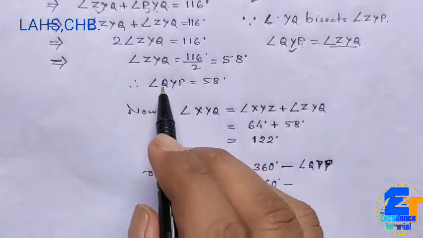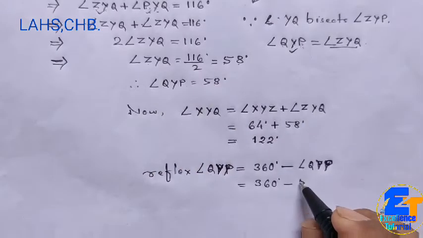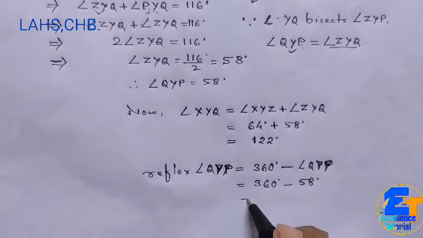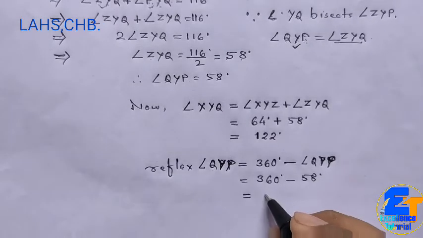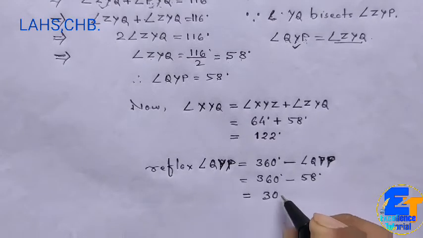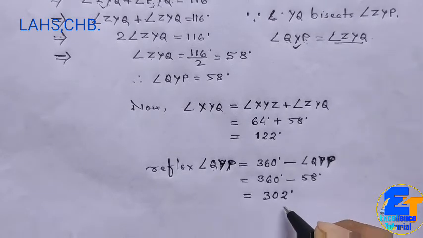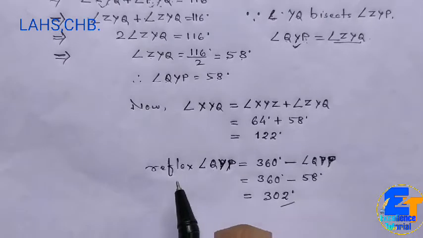How much did we get? QYP we got 58. Subtract these two and you will get the answer, 302 degrees.